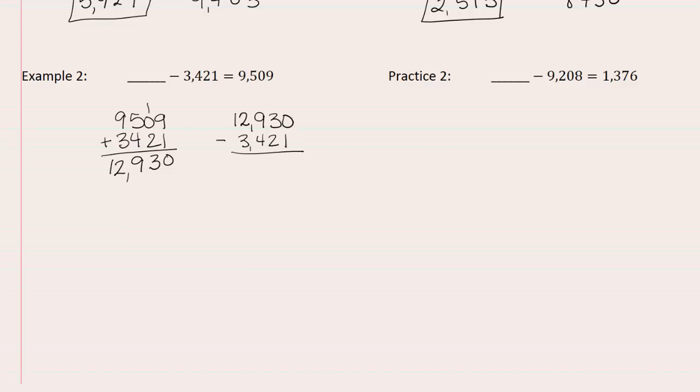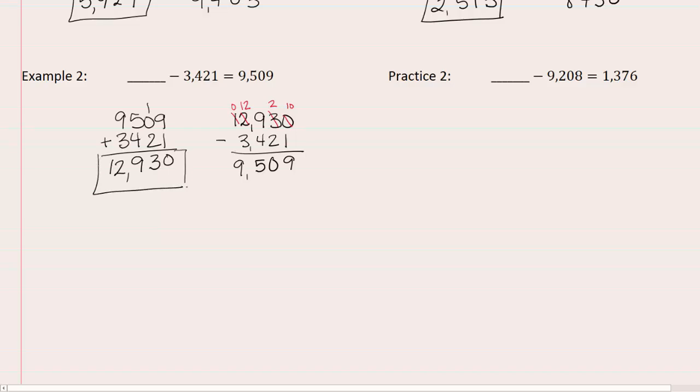So I have a 0, I'm going to have to borrow 3, that becomes a 10. 10 minus 1 is 9, 2 minus 2 is 0, 9 minus 4 is 5. Don't have enough, have to borrow. Becomes 8, 12. So 12 minus 3 is 9. Yep, it gave me the same. So my missing value was 12,930.